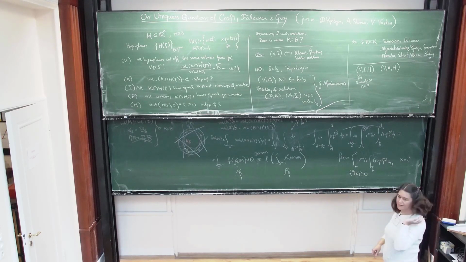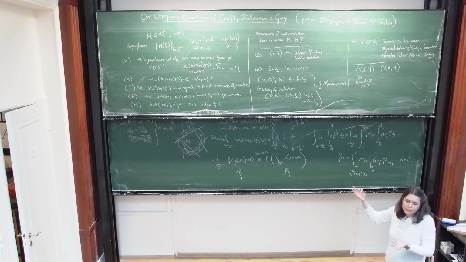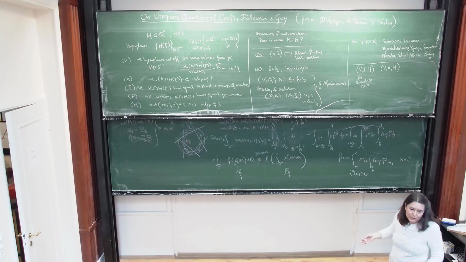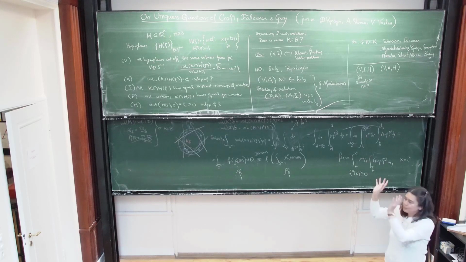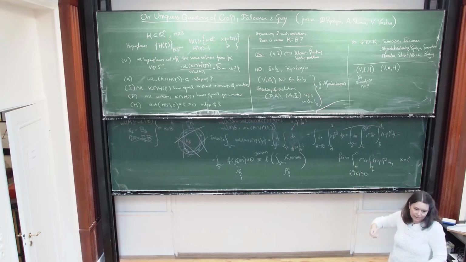And so you use Dupont's definition of floating body here. Yes, I'm assuming that the equal floating body is the ball, so I don't need to, just for the purpose of the talk, to say it quickly.